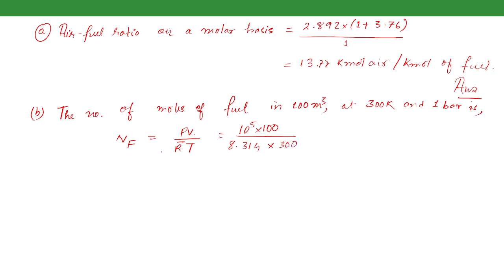Let me do one thing. This is in kilojoule per kilomole Kelvin, right? So we will write pressure in kilopascal. So pressure is 1 bar, that is 100 kilopascal. That will give 4.01 kilomole.